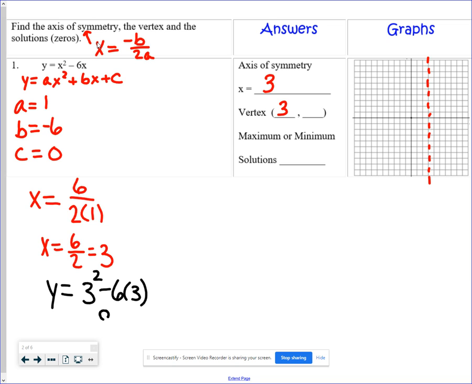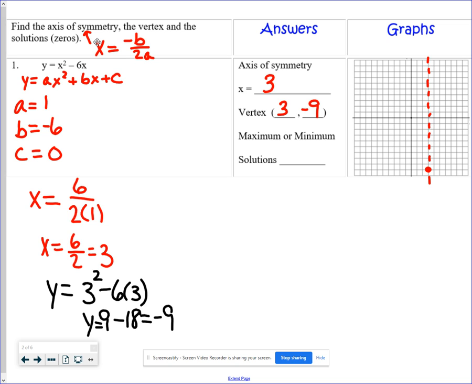Well, 3 squared is 9. 6 times 3 is 18. So y is going to be equal to -9. So keep that all in the same color there. 3, -9. I'll tell you, this graph goes 10 in each direction. So 3, -9 is going to be one before the bottom. So there's my vertex.